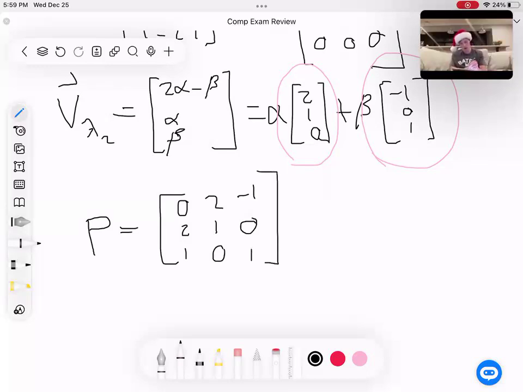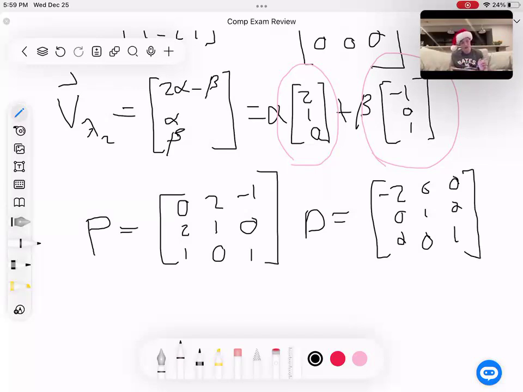Awesome. Now, let's write D again, just so that we can have our final answer in one space, right? -2, 0, 0, 0, 1, 0, 0, 0, 1. So this is our matrix D and our matrix P, such that A is going to be equal to P D times P inverse.